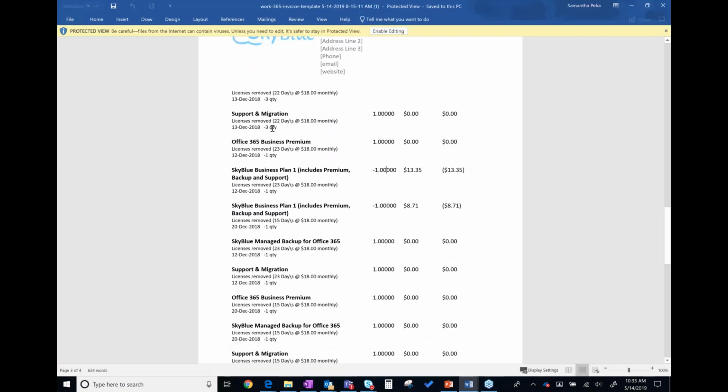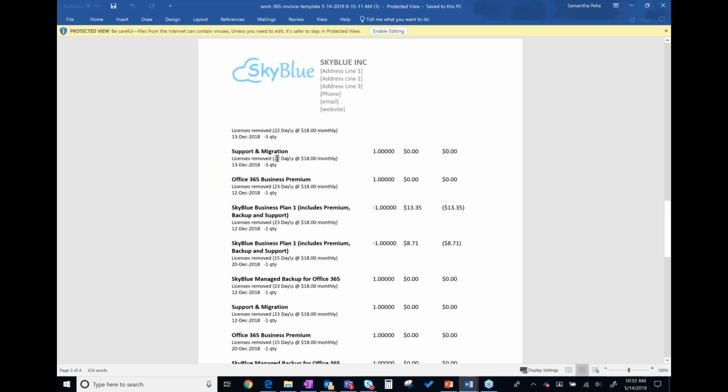Now, what that looks like on the invoice itself: when you look at the proration, you'll see under the specified line item it's going to say either licenses removed or licenses added. It has the specified days, meaning the number of days left within the previous billing cycle that are billable, and then the monthly price.